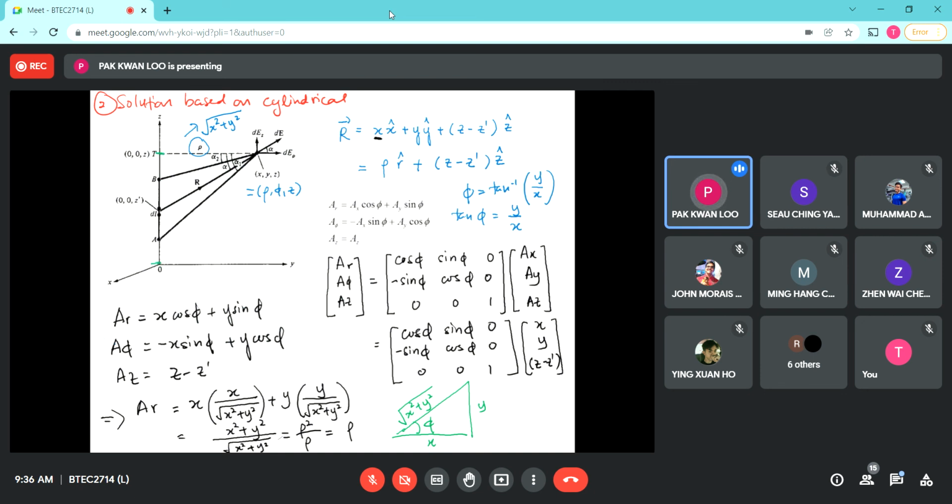Basically it is this length here minus this length, right? So this length from origin to point T, minus this length. That is how we reach this point.